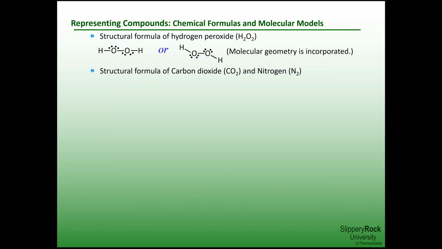Carbon dioxide contains 2 CO double bonds, while nitrogen consists of a strong nitrogen-nitrogen triple bond. These structural formulas help us understand connectivity and bonding, but still provide a simplified, mostly two-dimensional view of molecules.